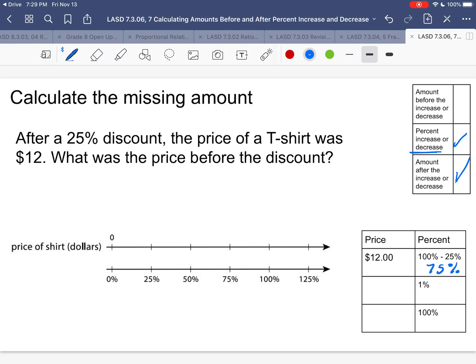We can find 1%, and then multiply by 100 to find the original price. So $12 divided by 75 is 1%, which is $0.16, 16 cents. And if we multiply that by 100, we'll get $16 as our original amount. So that's using a ratio table to find the missing amount.